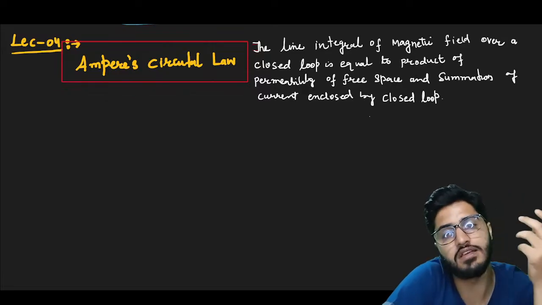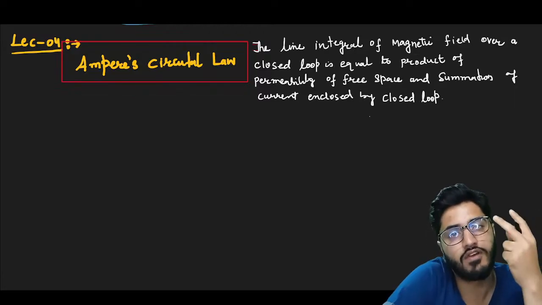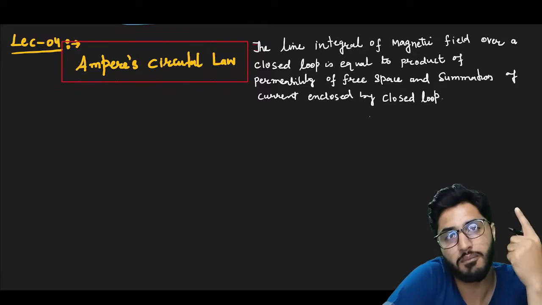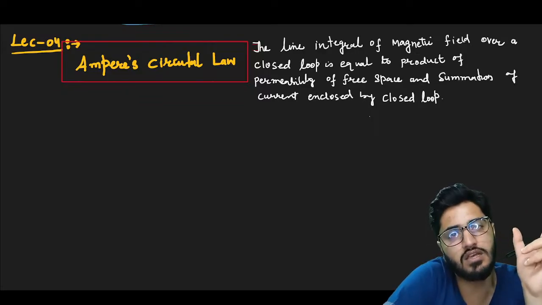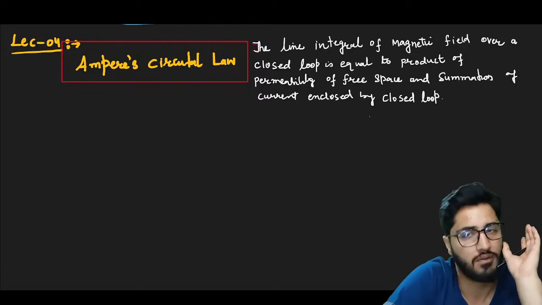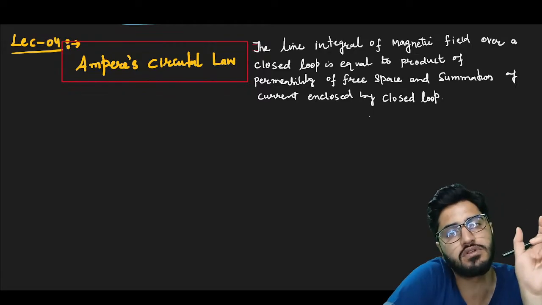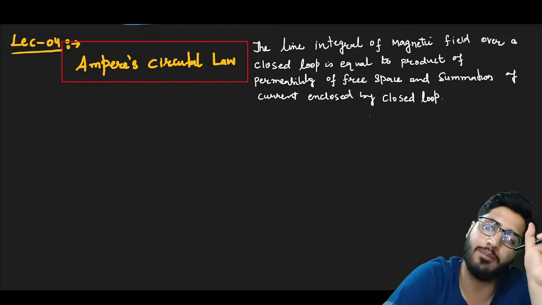In the same way here, if we want to find the magnitude of magnetic field, we have two laws, Biot-Savart law and Ampere's circuital law. Both laws are applicable to find the magnetic field at a point.